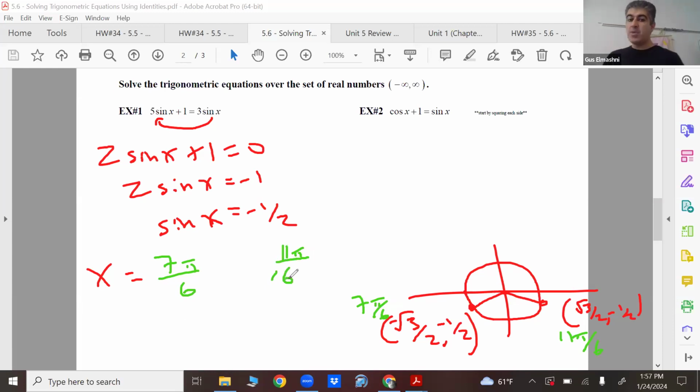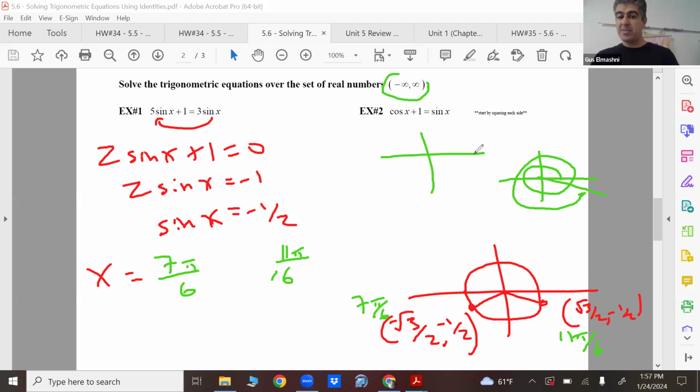However, if you're doing this for all real numbers, couldn't we go around the circle once and then stop over here? We could do that. Can I go backwards and say that? Sure. And likewise for 7 pi over 6, I can go backwards, and I can go around, and by the way, I can go around many times and stop over here.